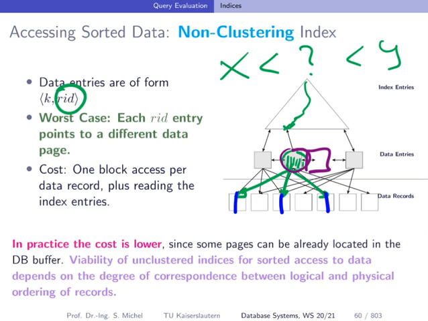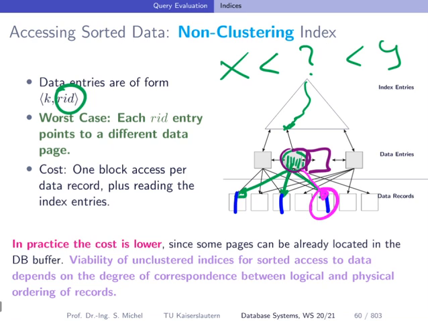In practice, however, the cost is a bit lower, because as you probably have already thought, it can happen that some data blocks are in our database buffer, so we don't have to read them again from the disk. For instance, I'm not sure this example has this case, no it does not, but if there's one more pointer here, then we need this page twice.